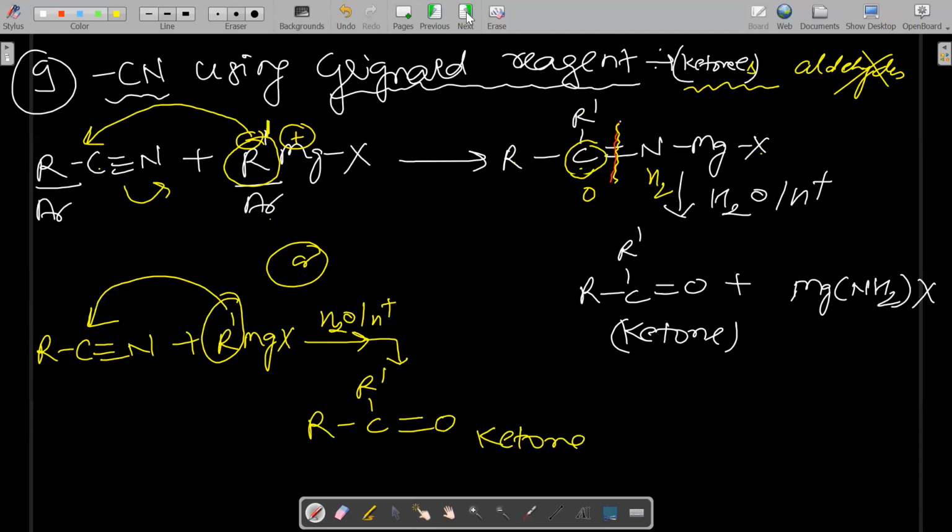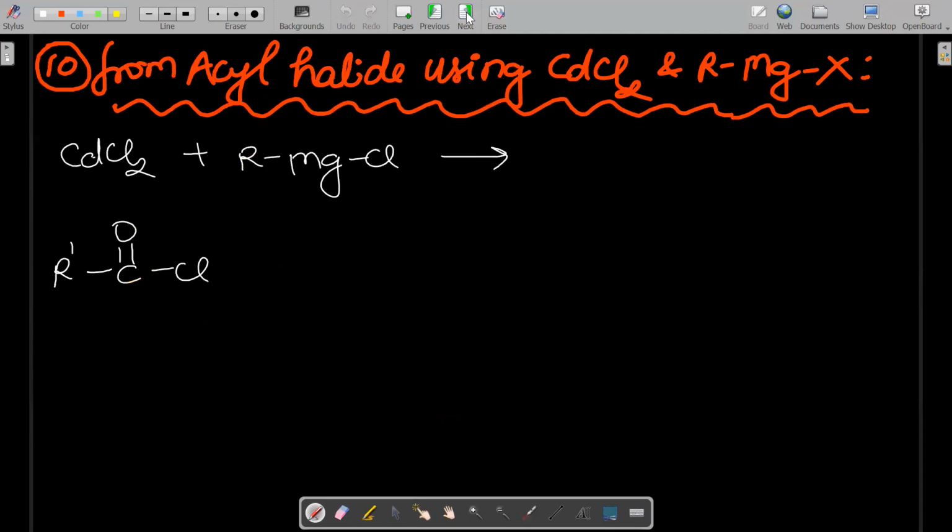Okay. Now the next method is from acyl halide using cadmium chloride and Grignard reagent. So what is this reaction? In this reaction, first we take three substances. One is the cadmium chloride, one is a Grignard reagent, and the third reagent is acyl halide.